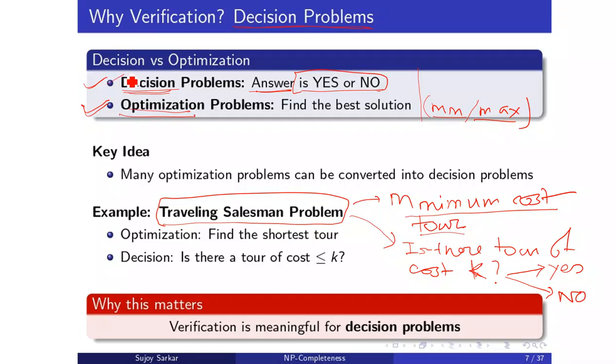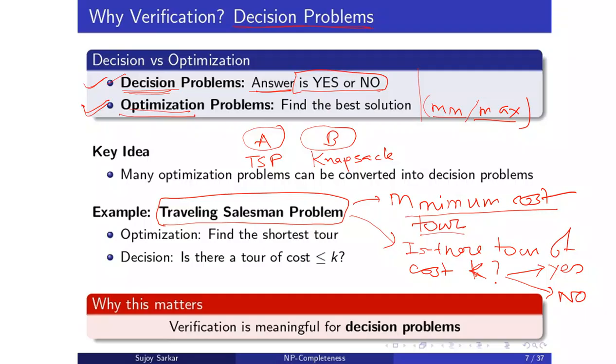So why are we talking about decision problems? We'll see later that we want to relate multiple hard problems. We want to say that two problems, let's say A and B, are similar. Two problems will be difficult to relate if their outputs are different. Let's say one is TSP and another one is knapsack.